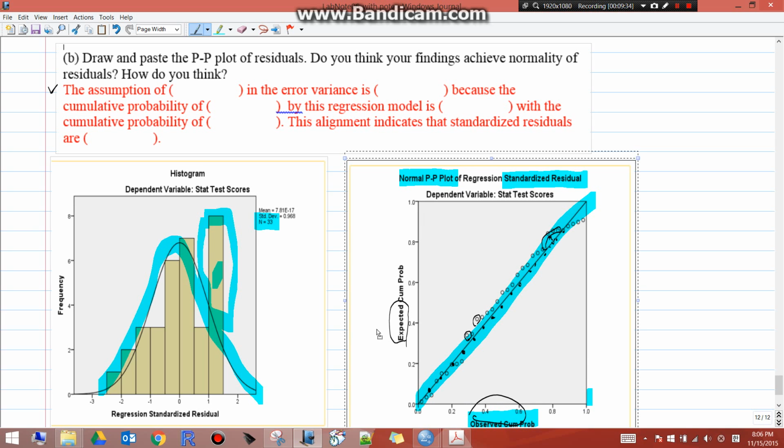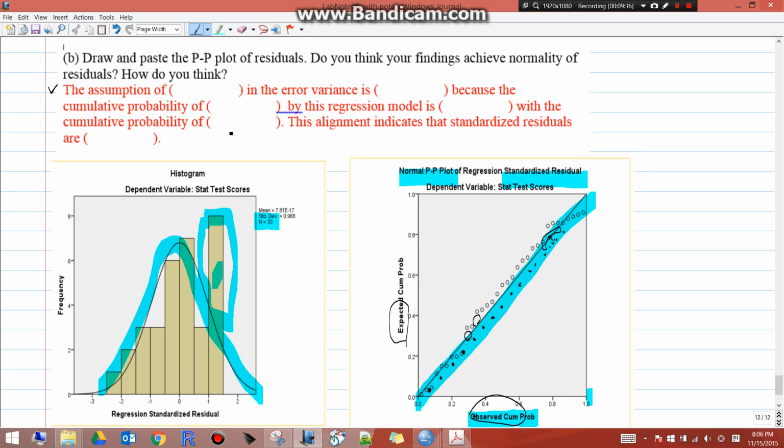This is the expected standardized residual, and over here it should be the observed standardized residual. This alignment indicates that standardized residuals are normally distributed.